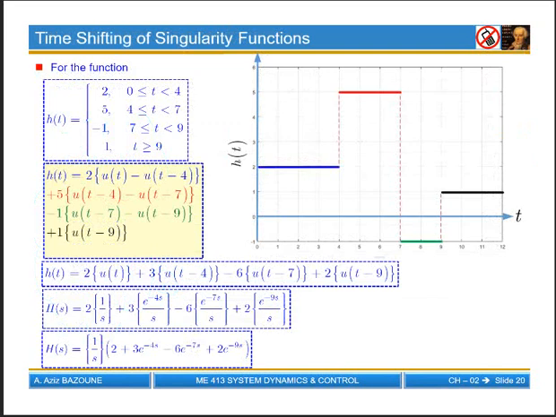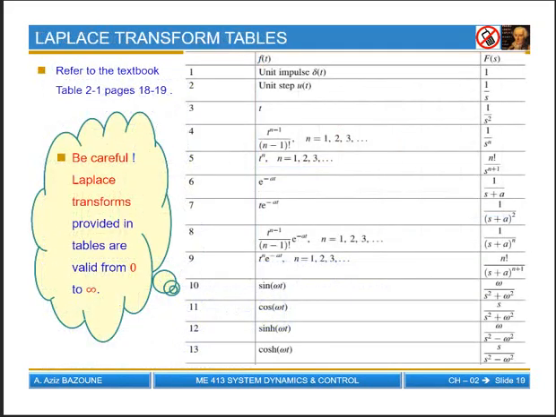But you have to be careful, because of what is happening exactly here. If we go back to the table, when we do the integration of the Laplace transform, the integral from 0 to infinity of e to the minus st times f of t dt gives F of s.